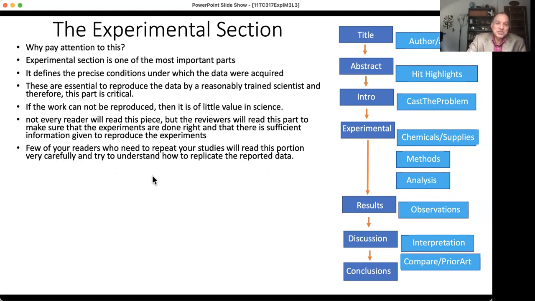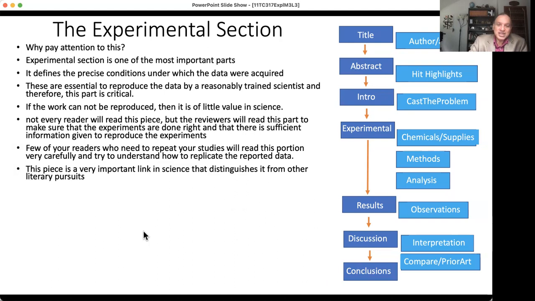But only a few of them, because not everybody is trying to replicate your data. They just take it for granted that you did it right. And they probably don't need to repeat it for whatever reason or adapt it for their work. But there are some people who need this, and they need to repeat your stuff or adapt it for their own work. So they will read it and they will get back to you and say, I can't repeat this.